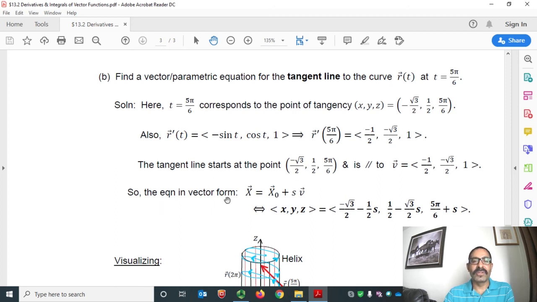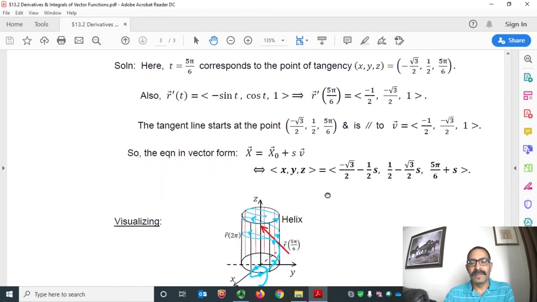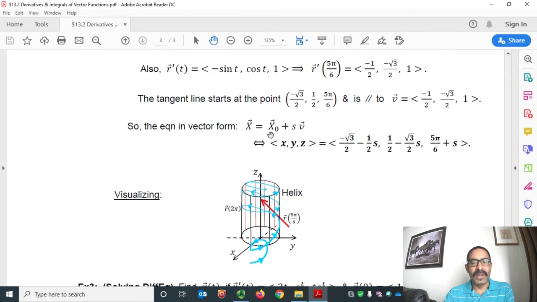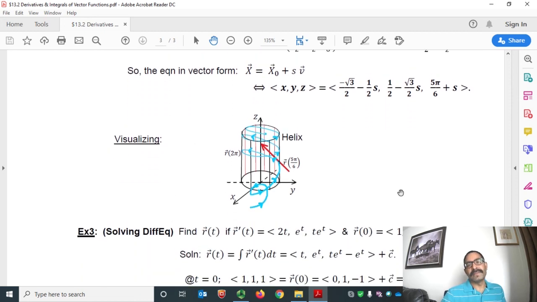Then our vector equation of the tangent line turns out to be this formula, which is x, y, z equals this vector here. If you write it separately, this will be our parametric form. Just a quick visualization here. I hope these computations and this visualization make sense to you all.